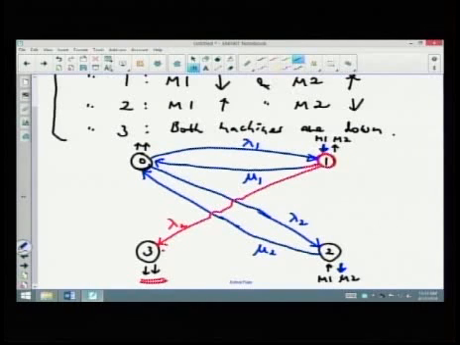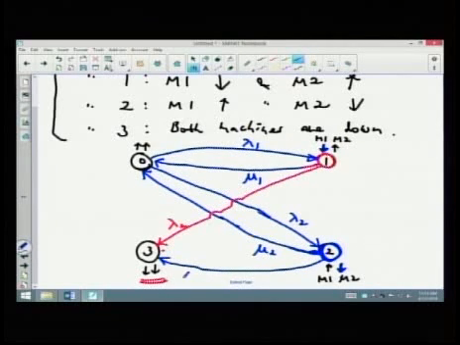Okay, now start from state number 2. Let's see what transitions occur. We already considered this, right? What other possibilities do we have? Here, the machine number 1 can be down, right? What is this?